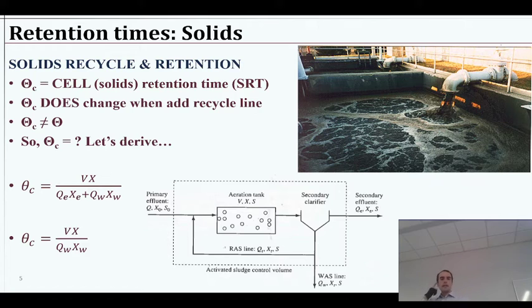So theta C is going to change based on our recycling, because we explicitly have changed the concentration by collecting the bacteria and sending it down this way. Ultimately, our recycle, our XR, so the X recycled, is going to depend on how much waste we send away.